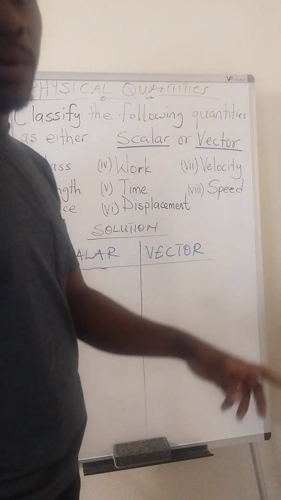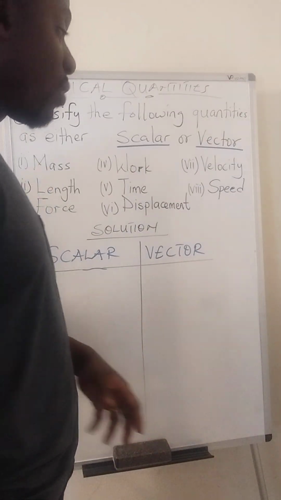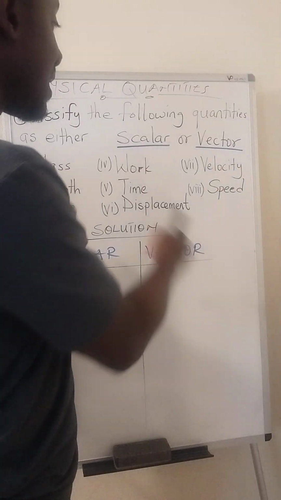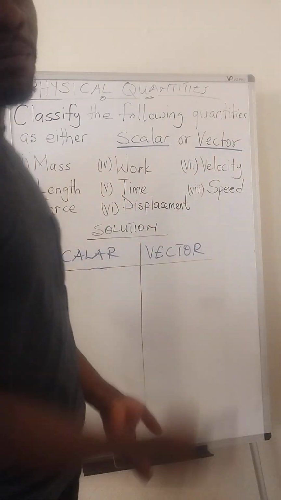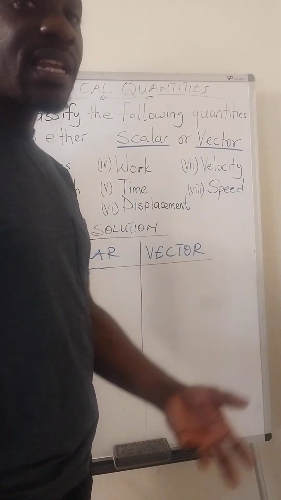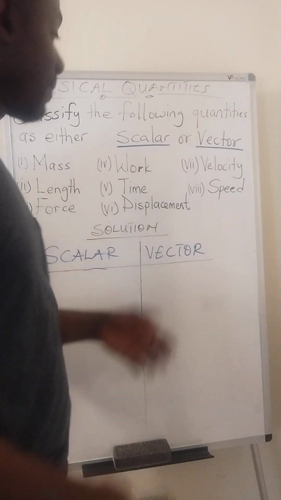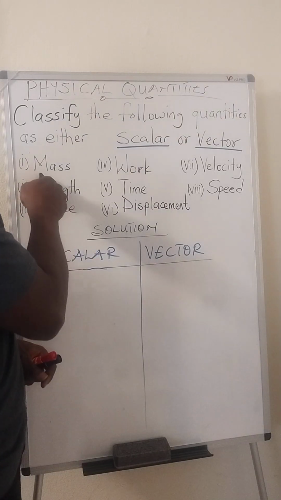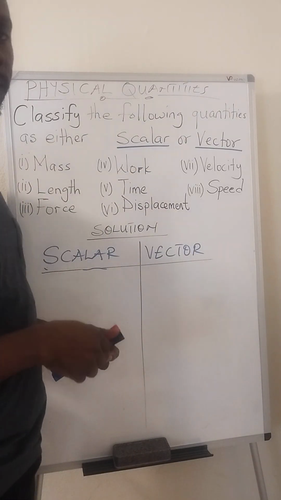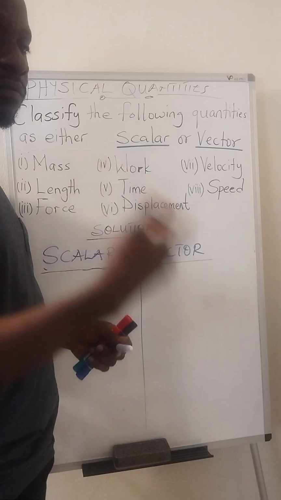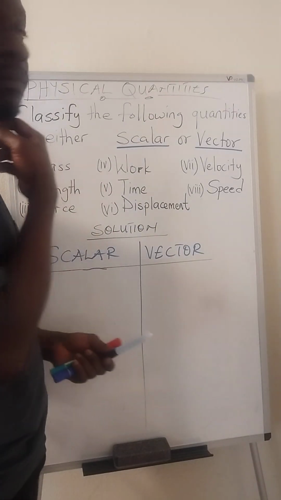Now, to be able to do that, you have to remember the definition of a scalar quantity. All right? And when I was presenting, I even mentioned almost all of them. So if we're paying attention, I gave you a heads up on it. Okay. So now we are looking at mass. Mass has a measure. The amount of matter contained in a body is the mass of the body.